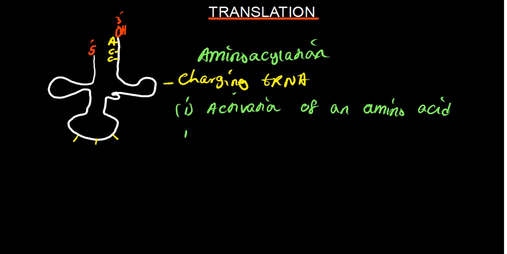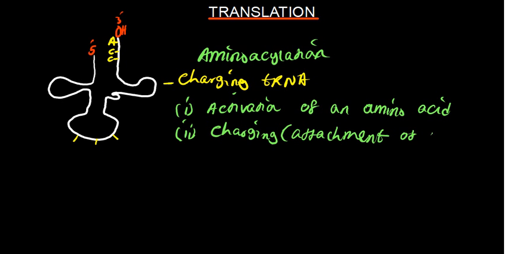Maybe before we explain that, the second step during the aminoacylation is what is now known as charging. Charging now here involves the attachment of an amino acid to the tRNA. That's what is known as charging.